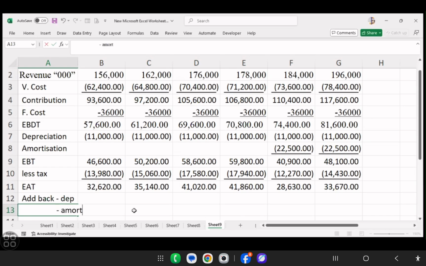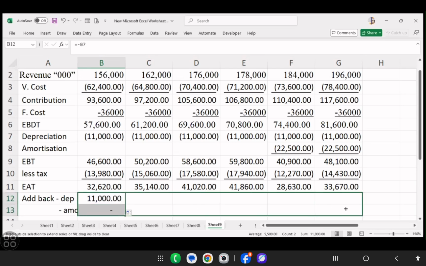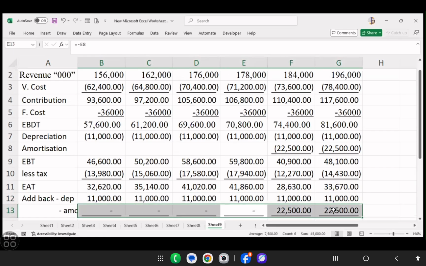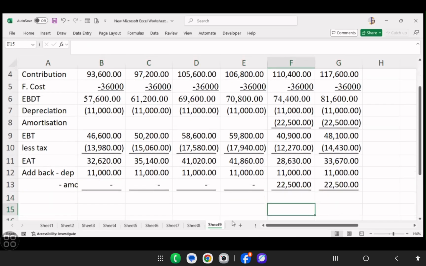The depreciation and the amortization, we have to put them back like that, because we are looking for the cash flows.